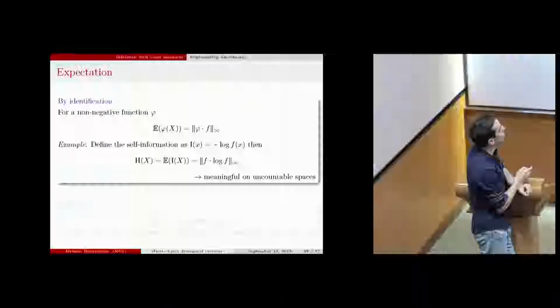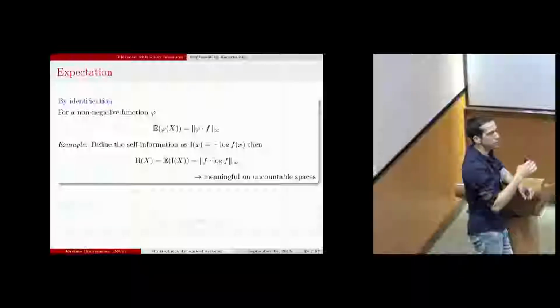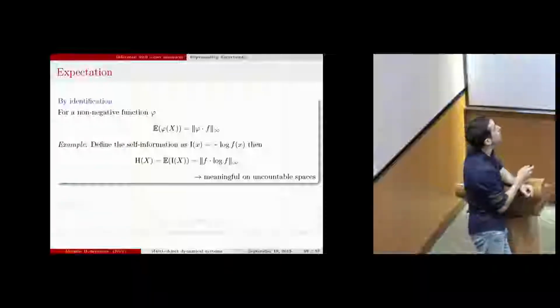For instance, if we think in terms of information, by following the same step as introducing the self-information in probabilities, we can introduce something similar here: just minus log of this possibility function. And using this definition of expectation, the entropy is quite obviously just this.